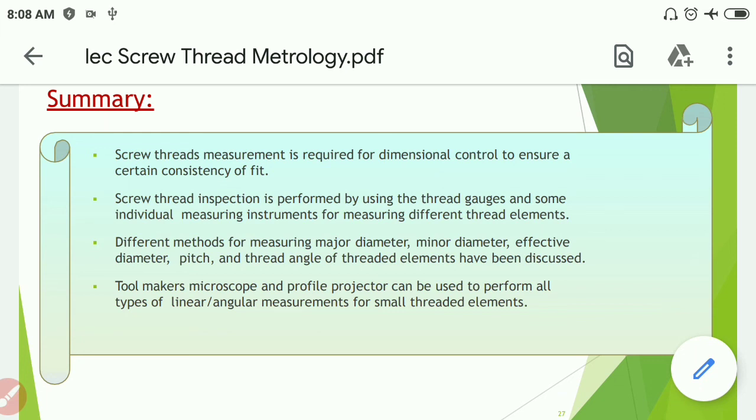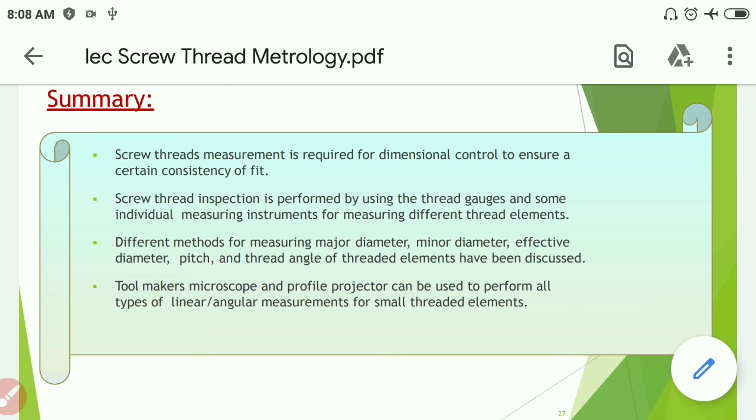Screw thread inspection is performed by using the thread gauge and some individual measuring instruments for measuring different thread elements. Different methods for measuring major diameter, minor diameter, effective diameter, pitch and thread angle of the thread element have been discussed. Toolmaker's microscope and profile projector can be used to perform all types of linear and angular measurements for small thread elements.